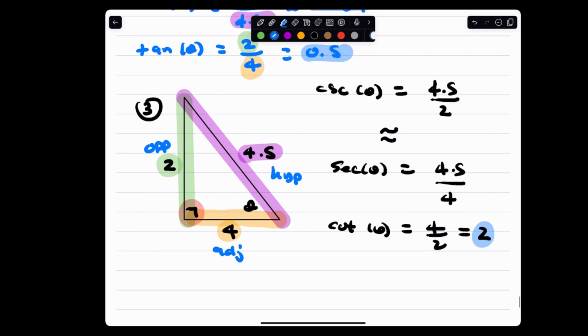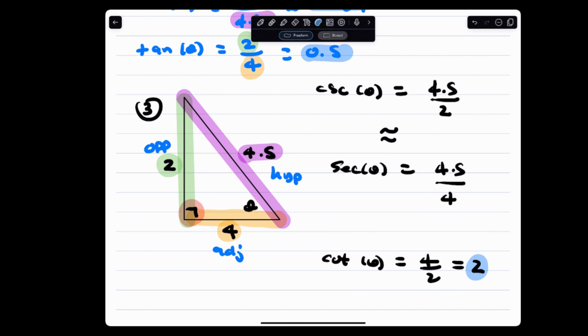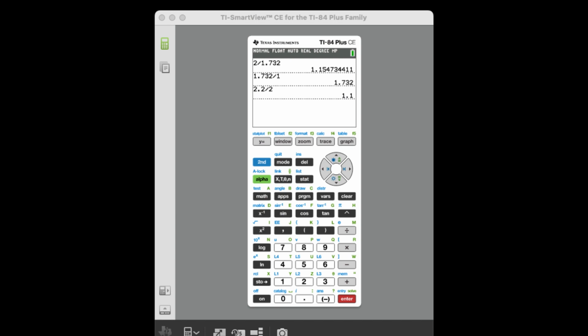Okay, so the others, the prior two, we're going to have to use our calculator. We're going to get this numerical answer here. 4.5 divided by 2, and I believe we're giving our answer to the hundredths, right? So you got 4.5 divided by 2, and that gives you 2 point what? 25, is that right? 4.5 divided by 4 to the hundredths is 1.1 what?